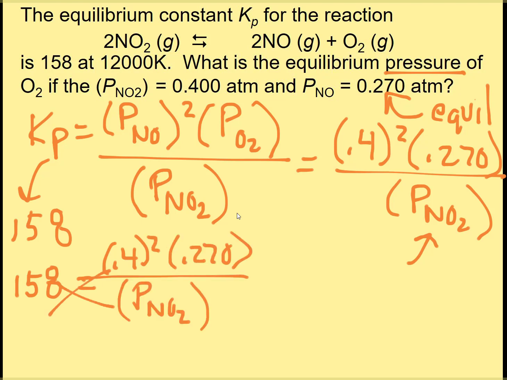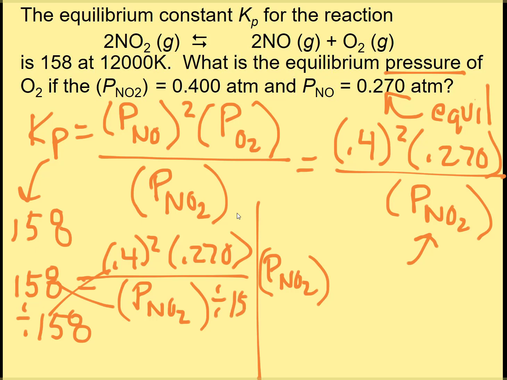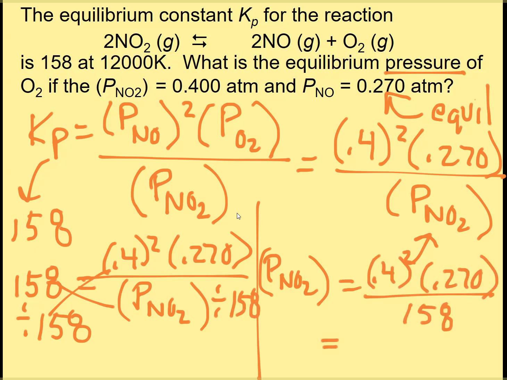You can just do your algebra however you feel comfortable doing it. And I'm going to divide each side by 158. So when I do the math, I end up with 347, and this is a pressure. So I should have my pressure unit, which is atmospheres. All right, so just an example with pressure.